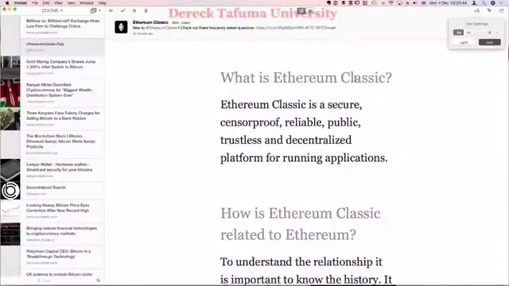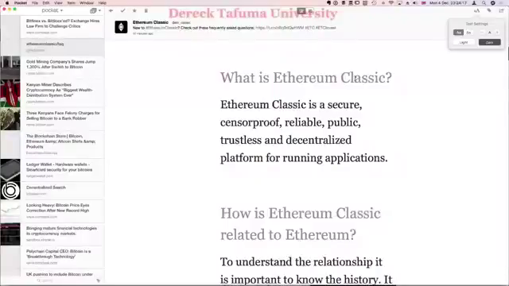Ethereum Classic is a secure, censor-proof, reliable, public, trustless, and decentralized platform for running applications. So what does it mean that it is decentralized? It means there is no one entity controlling the operation of the platform.